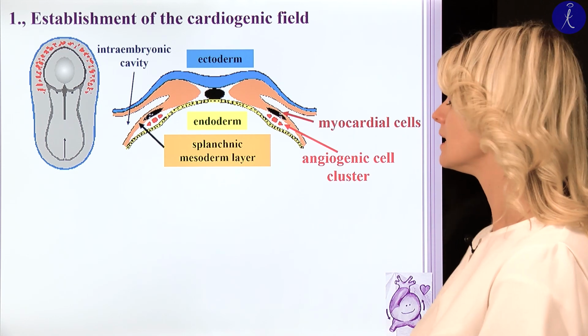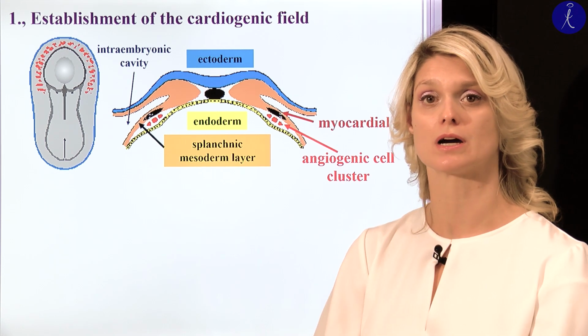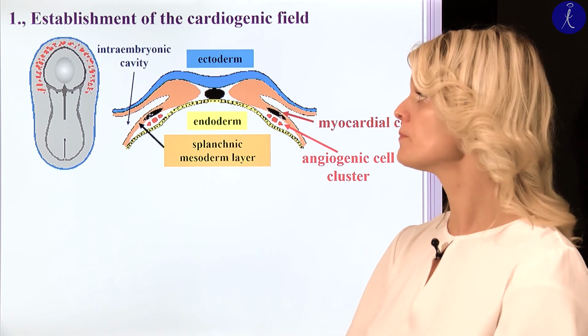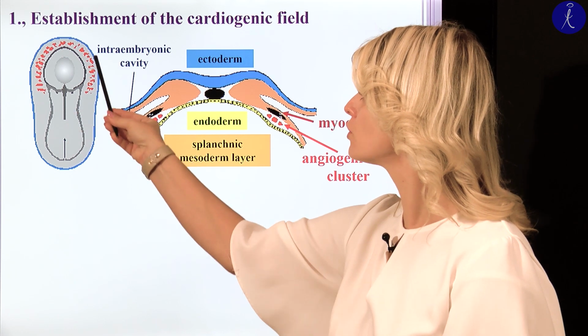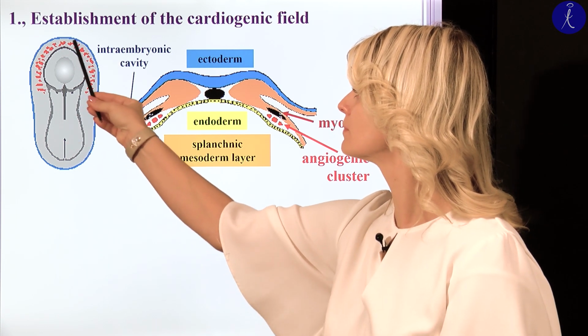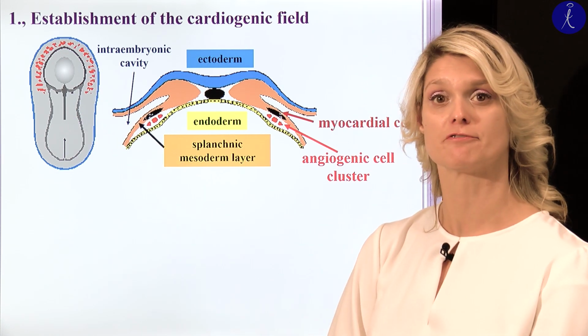These are the angiogenic cells. They will form smaller groups, called clusters. And this is what you can see here in front of the buccopharyngeal membrane in a C-shaped cardiogenic field of the developing embryo.